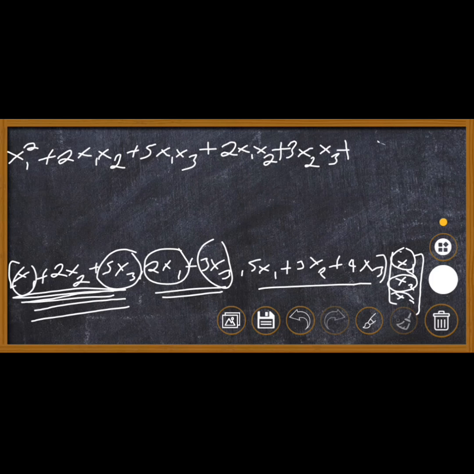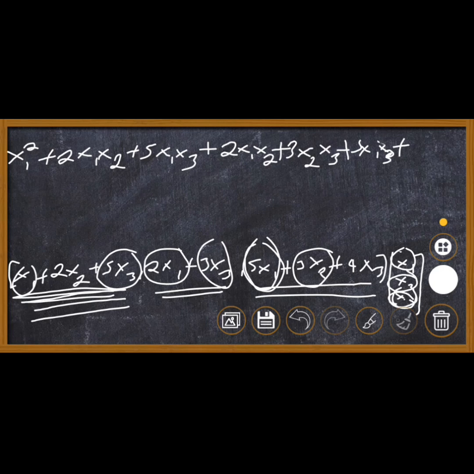We come to the last part, which is x3. So x3 will multiply with what's here. So 5x1 multiplied by x3. We are going to have 5x1, then x3, then we add, then we also have 3x2 multiplied by x3.